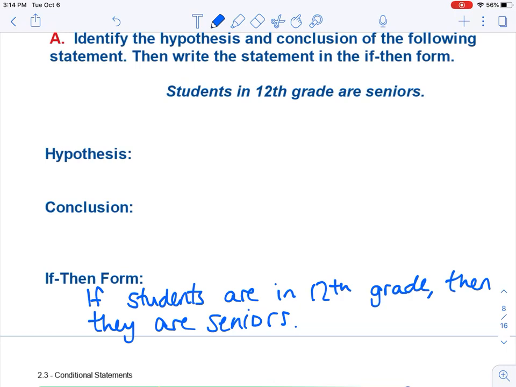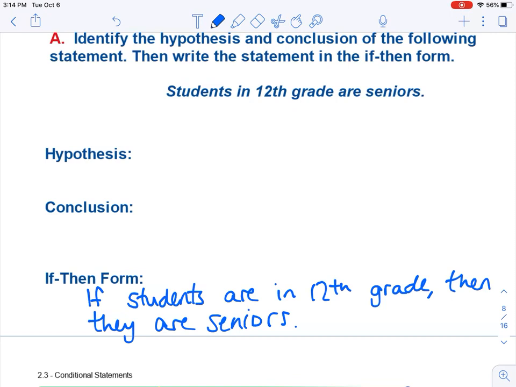Or you wouldn't want to say if a person is a senior, rather, then they are in 12th grade. Because senior can also refer to a senior in college who would not be in 12th grade, or an elder person who is not in 12th grade either. So we're going to write it in this if-then form. If students are in 12th grade, then they are seniors.